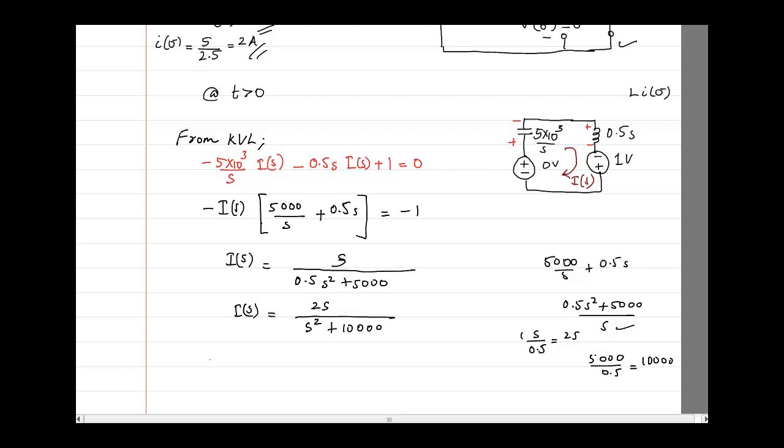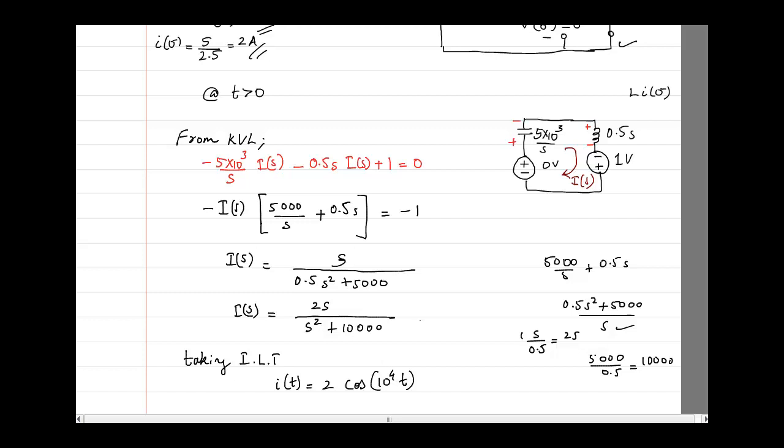So based on this, now taking inverse Laplace transform, I will get I of t is equal to 2 times cos 10 raised to power 4 is here. So 10,000 is 10 raised to power 4.